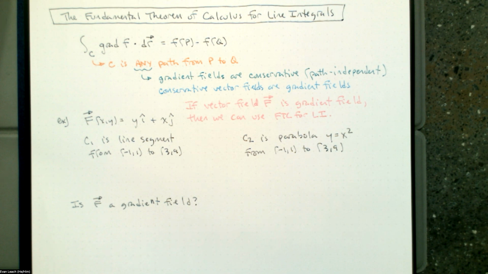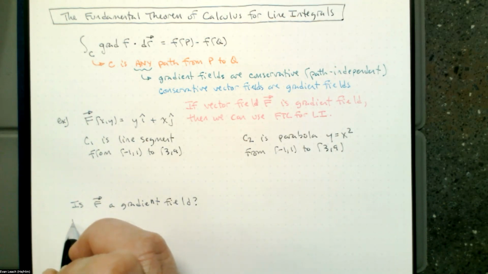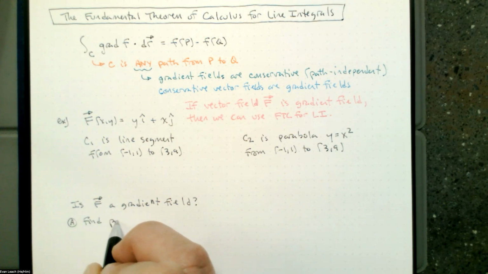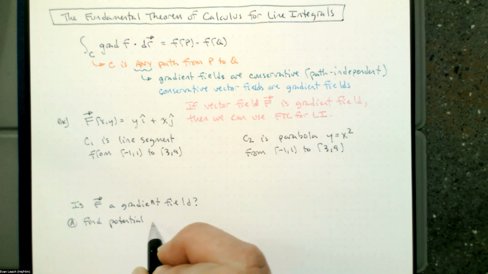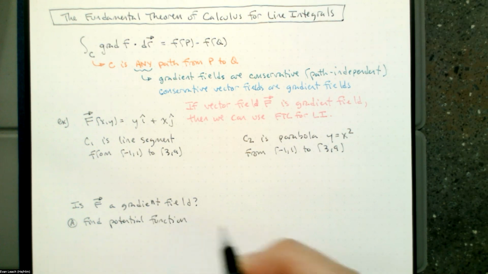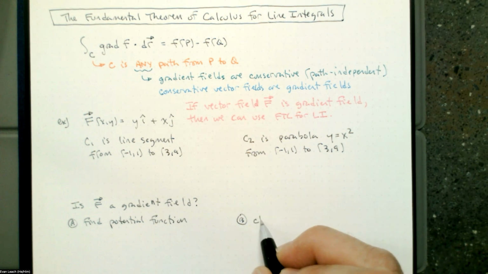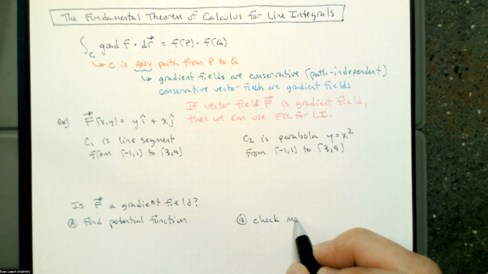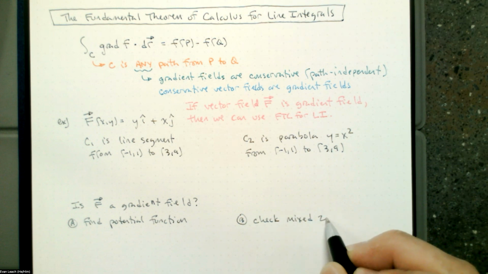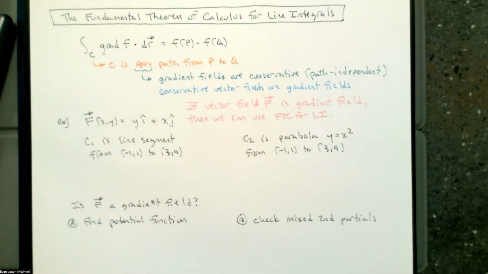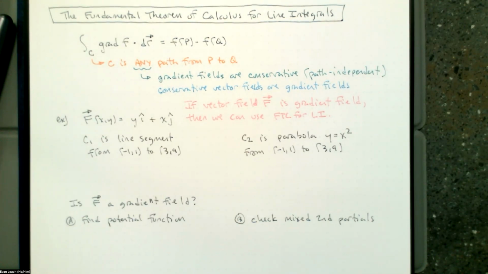We can either A, find a potential function, or B, check the second mixed partials. If the mixed second partials are equal, then we have a gradient field.